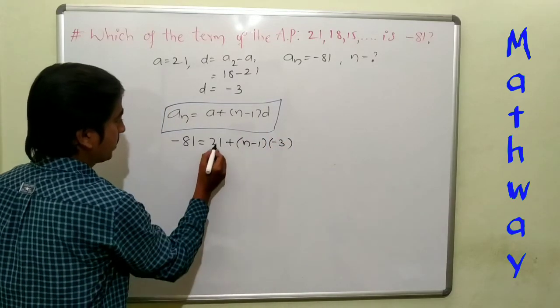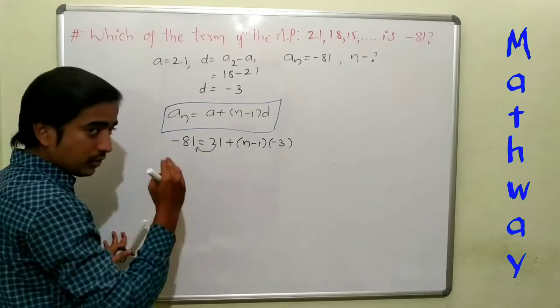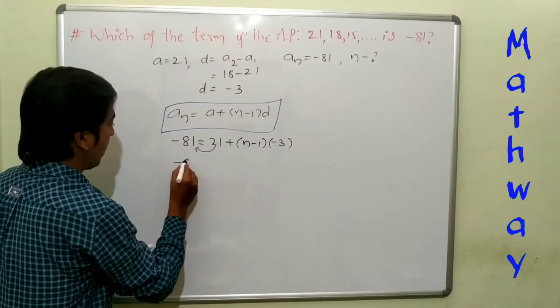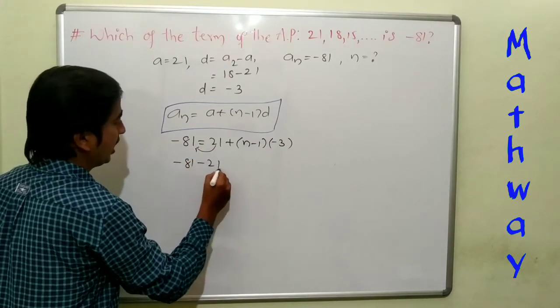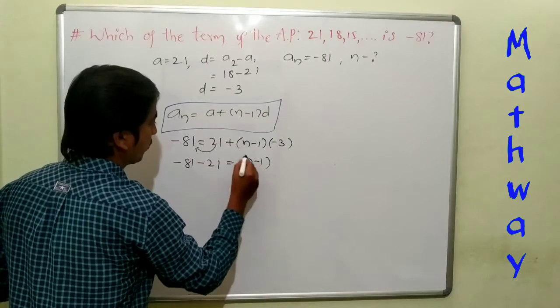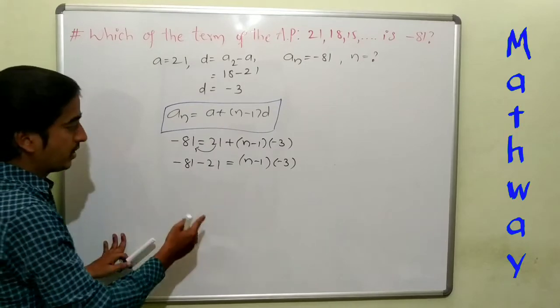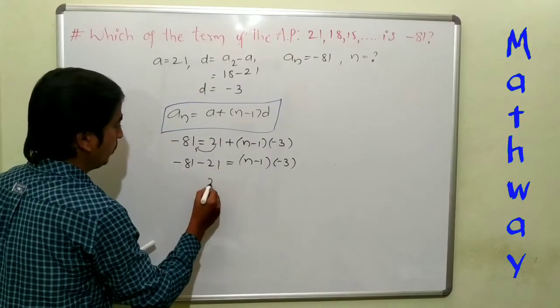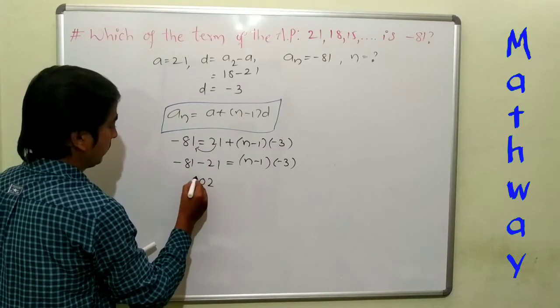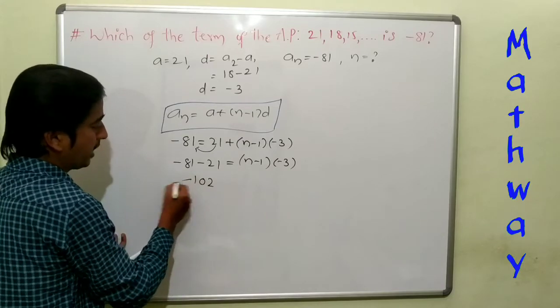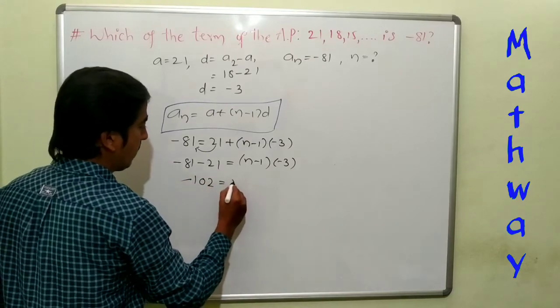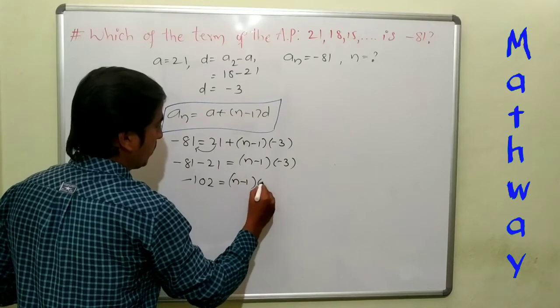Now transpose 21 to the LHS. Then what we get? Minus 81 minus 21 equals n minus 1 into minus 3. Let's add them: 8 plus 2 is 10. The bigger number has the negative sign, so minus 102. Minus 102 equals n minus 1 into minus 3.